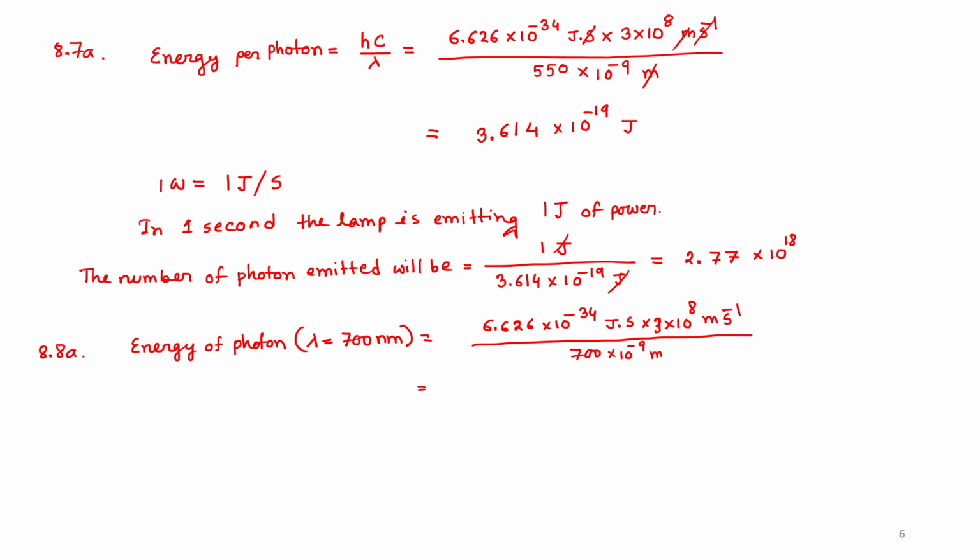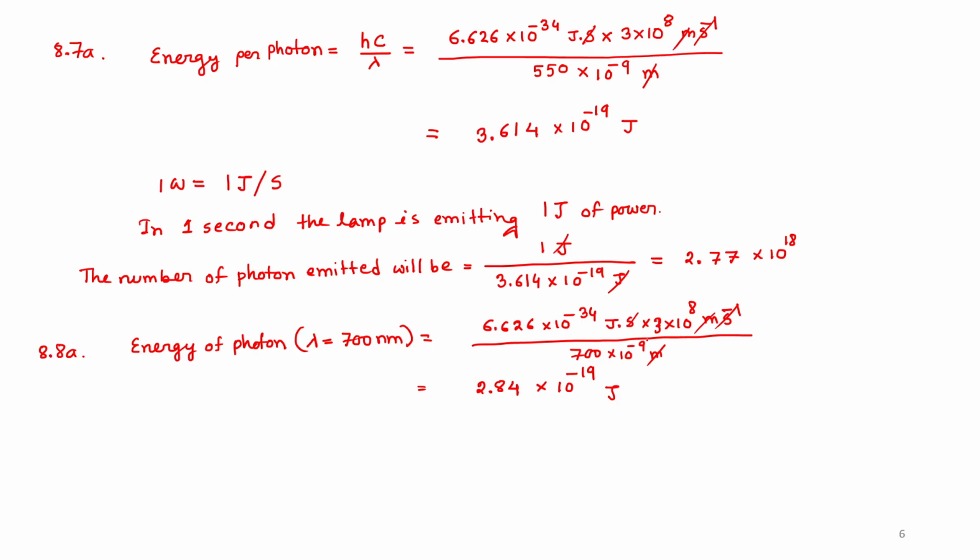So it is something around 2.84839, so I'll just take two decimals, 2.84 into 10 to the power minus 19 joules, right? As we see, meter will cancel, second inverse second will cancel.